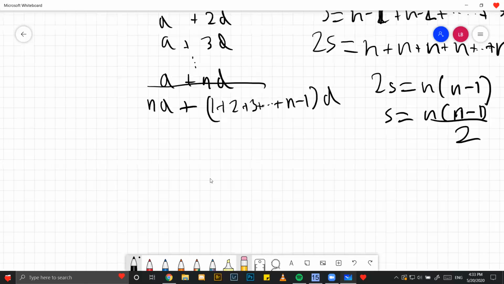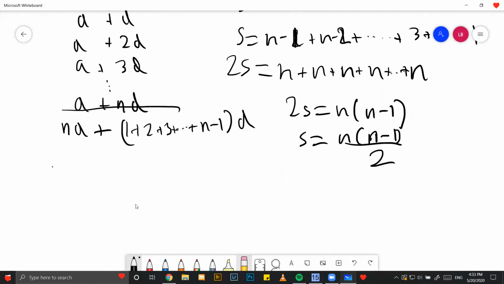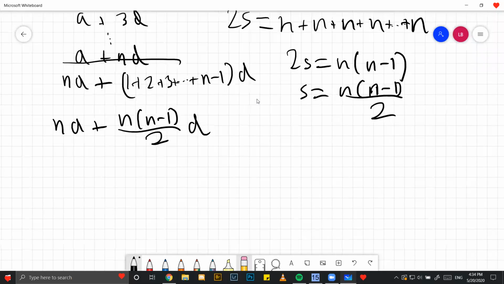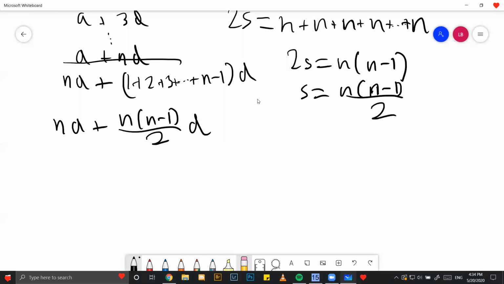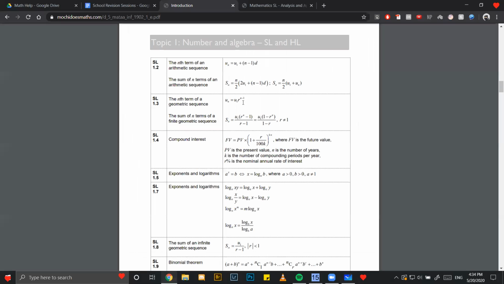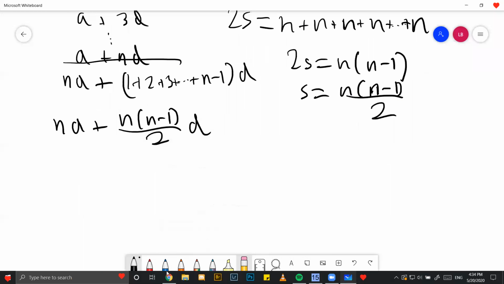So then, if you go back to our little formula over here, we have n a plus n times n minus 1 over 2 times d. And this is exactly written over here, by the way. If you factorize out the n, we get n times a plus n minus 1 times d over 2.